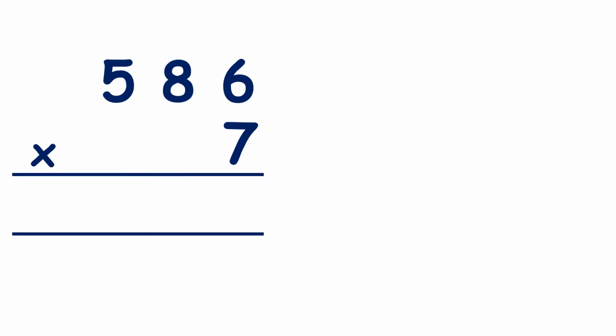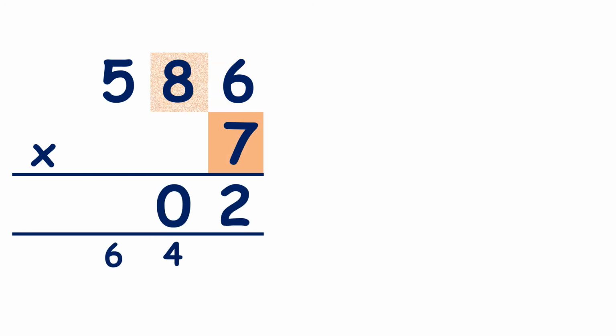Now, pause the video, answer this multiplication, and check that you have the right answer using division. So let's multiply 586 by 7. We get 4,102.